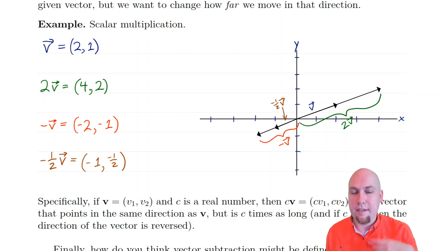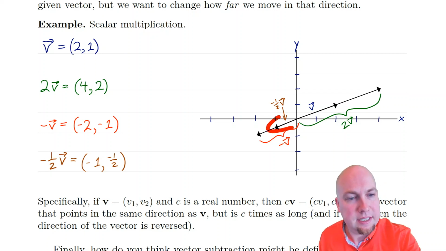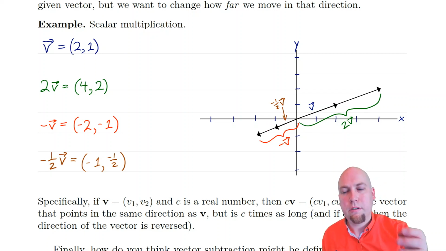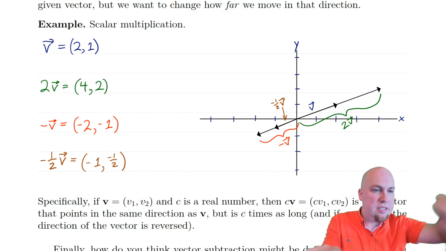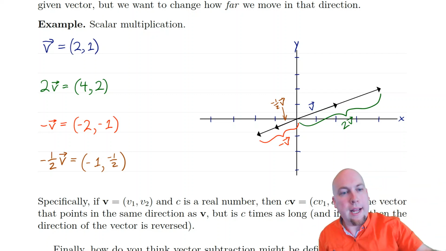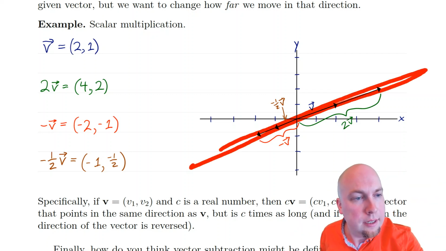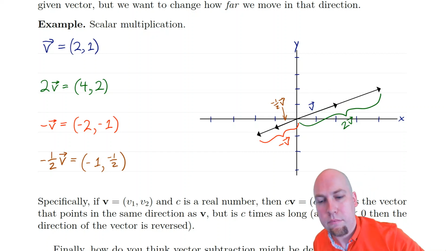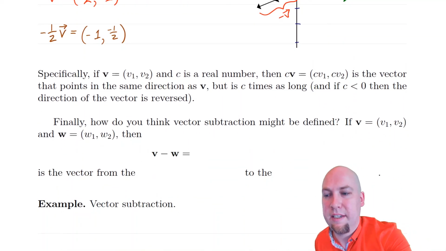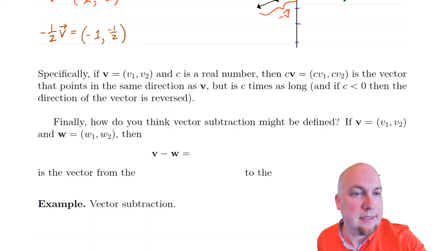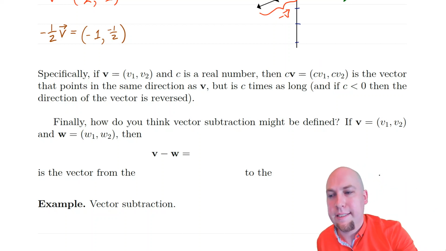So -1/2 v is this vector right here. All of the scalar multiples of v are just different vectors of different lengths on this line right here. More specifically, if you have any scalar c, then c times v is just the vector you get if you multiply each of those entries by c.